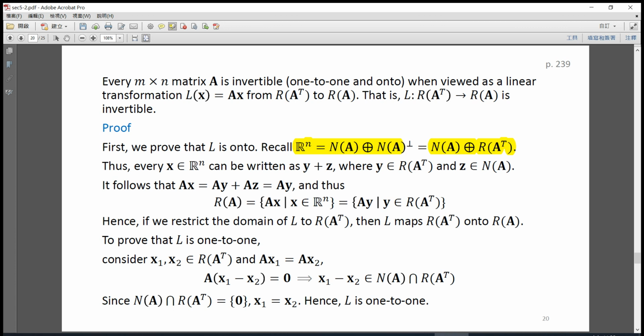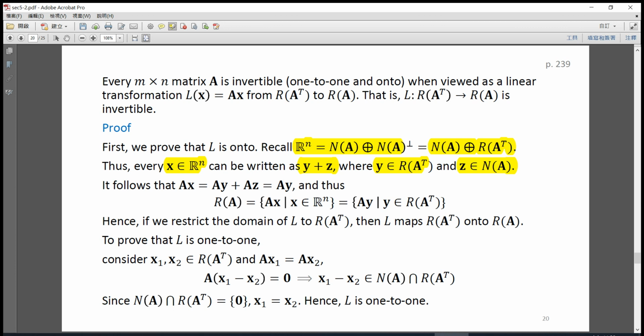By the definition of the direct sum, every vector x in Rn can be written as the sum of y and z, where y belongs to the column space of A transpose and z belongs to the null space of A.